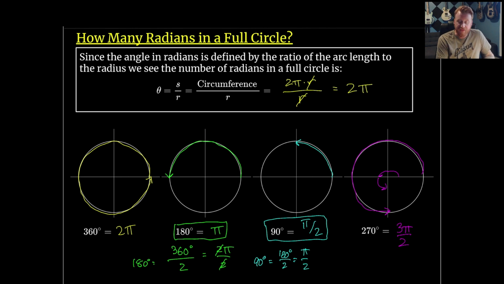Different ways that maybe we can think about that, and we'll have a nice formula to make that conversion as well. But here are the big four in terms of radian measure: 360 degrees, the same as 2 pi; 180 degrees, the same as pi; 90 degrees, the same as pi over 2; and then 270, 3 pi over 2.